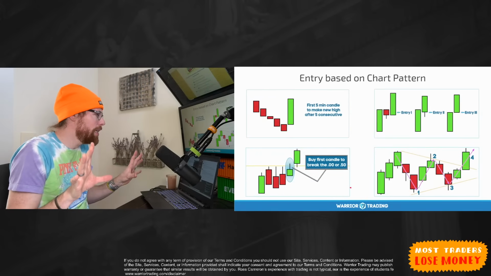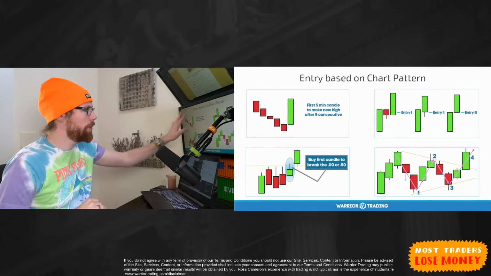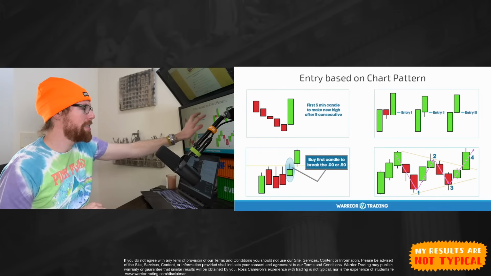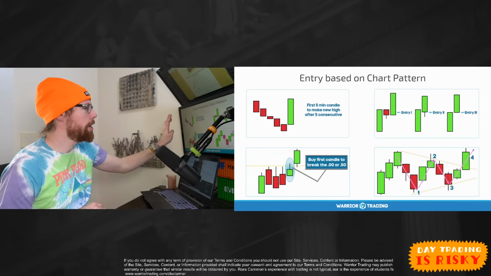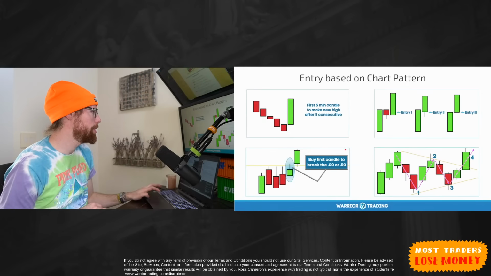So, you know, these are a few of the patterns. And for each one of these patterns, I have a separate chapter that has examples that are just of those patterns and including screenshots, but also live trading examples.